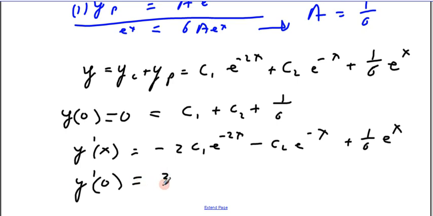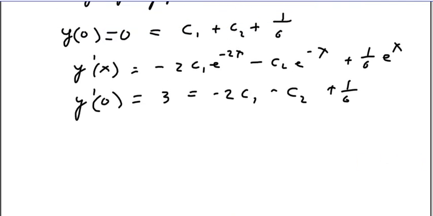And that's going to be minus 2c1 minus c2 plus 1/6. So I have 2 equations, 2 unknowns. C1 plus C2 is equal to 1 over 6. No, it isn't. It's equal to minus 1 over 6.